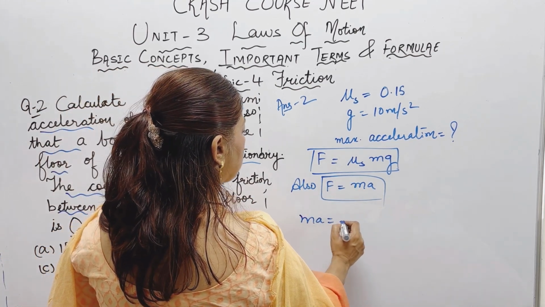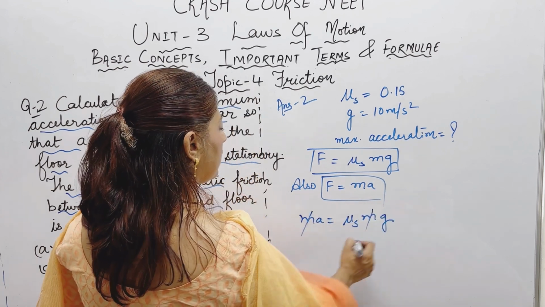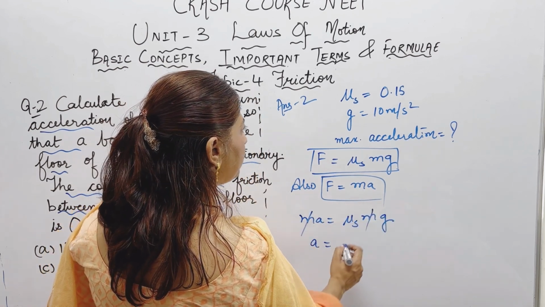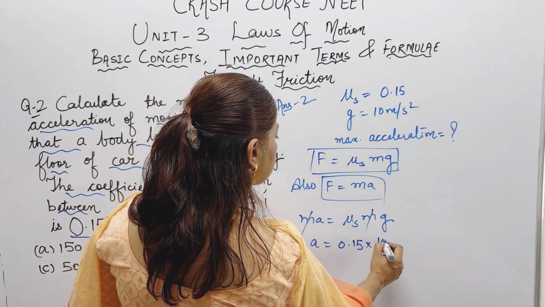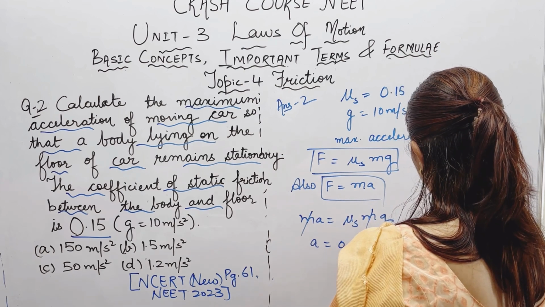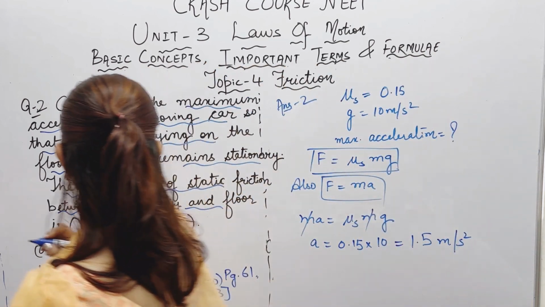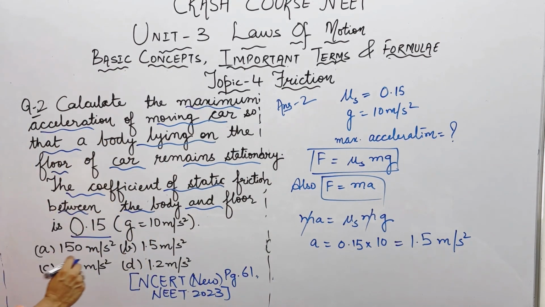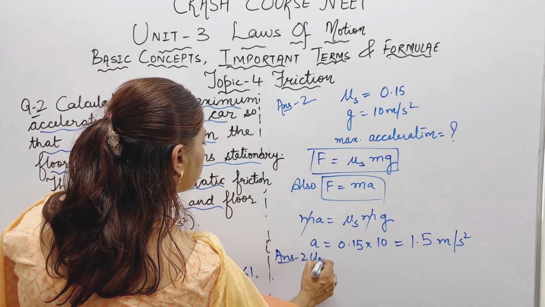So ma is equal to mu s mg, and a will be given by mu s is 0.15 and acceleration due to gravity is 10. So the value will come out 1.5 meter per second square. This will be the value of the acceleration, and we'll look at this. The option B goes with the answer, and the answer for the second is B part.